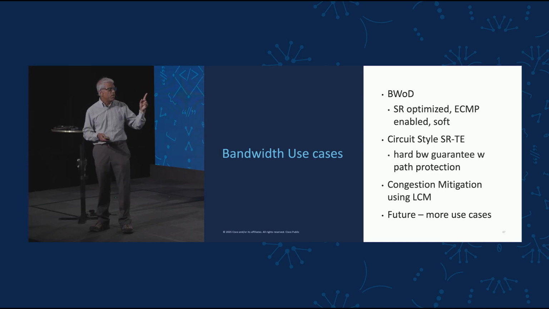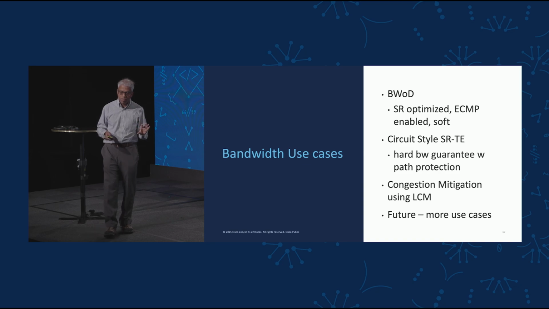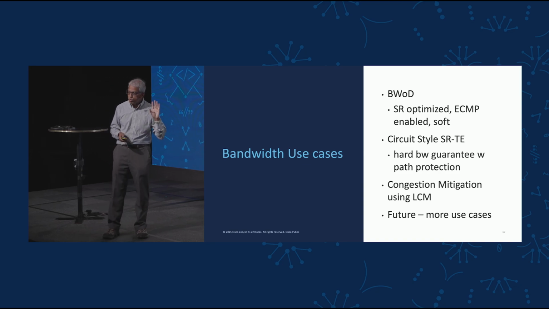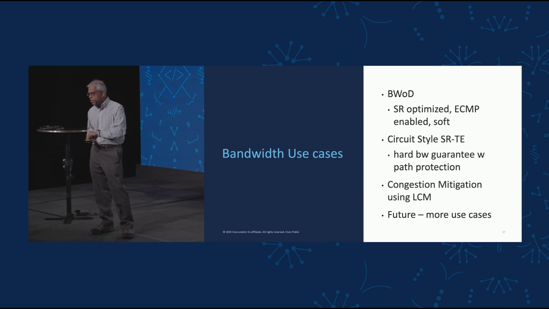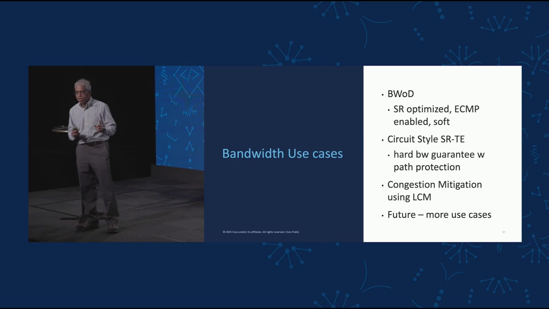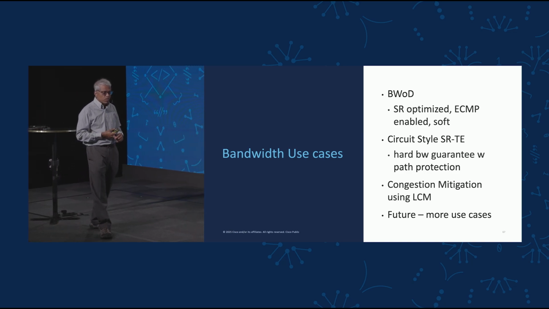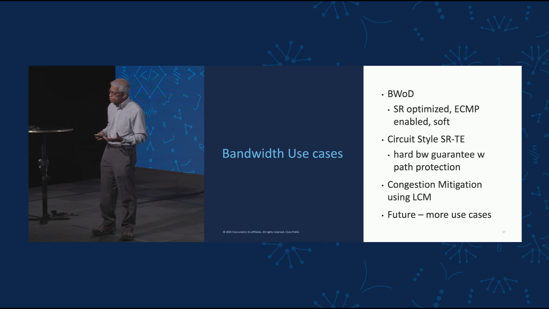But bandwidth on demand is a really lightweight bandwidth guarantee service. It uses SR optimized path calculation. What that means is that it is going to use prefix SIDs, right? So you can create really long paths, and you can cross domains by using prefix SIDs. But it also means that ECMPs will be used internally.